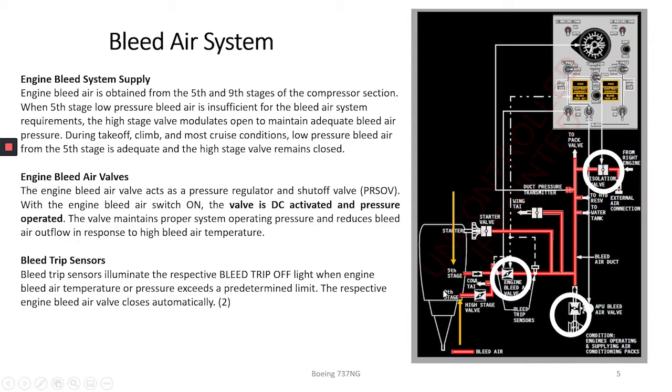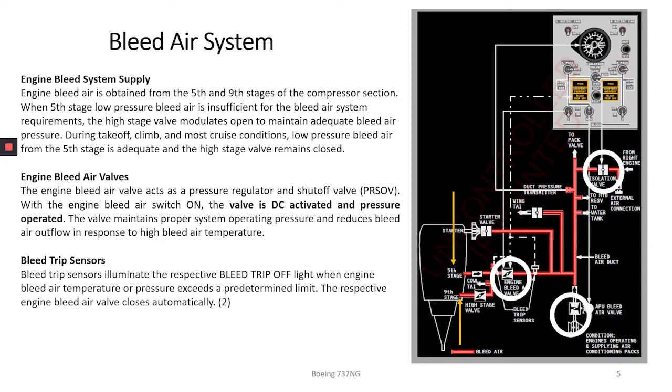When the 5th stage low pressure bleed air is insufficient for the bleed air system requirements, the high stage valve modulates open to maintain adequate bleed air pressure. The high stage valve is here. During takeoff, climb, and most cruise conditions, low pressure bleed air from the 5th stage is adequate and the high stage valve remains closed.